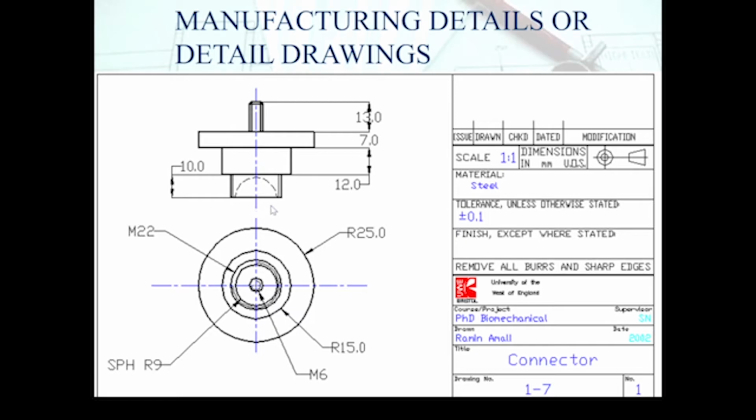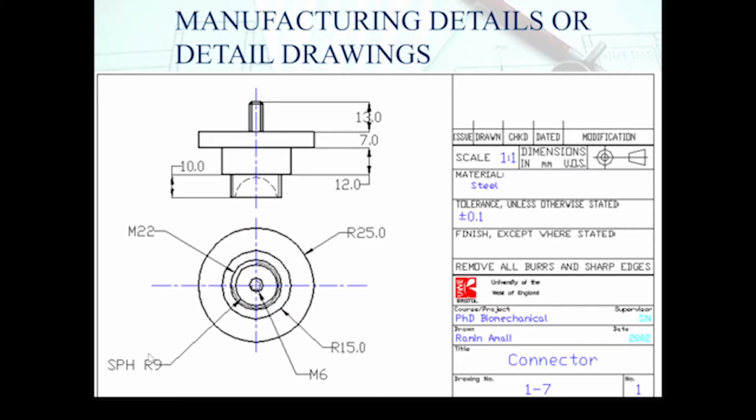Also, a very interesting detail right here: if you can imagine, material is being scooped out in a spherical manner. So this is a cavity underneath, and when you look at it from the side, the cavity is concealed on the inside of the model. Hence, we have to draw it using dashed lines, because it is concealed.